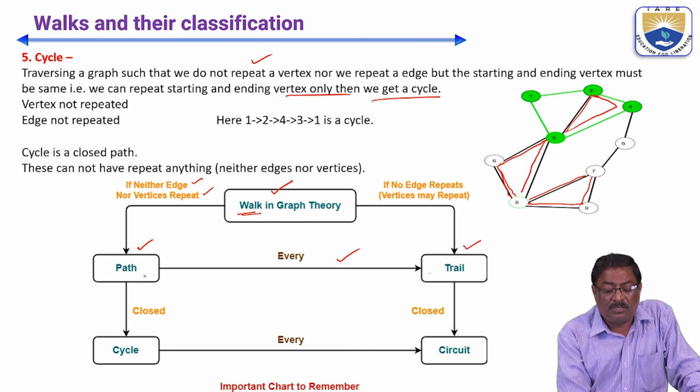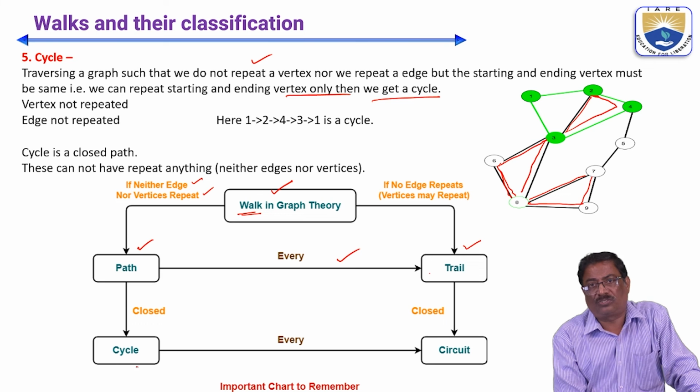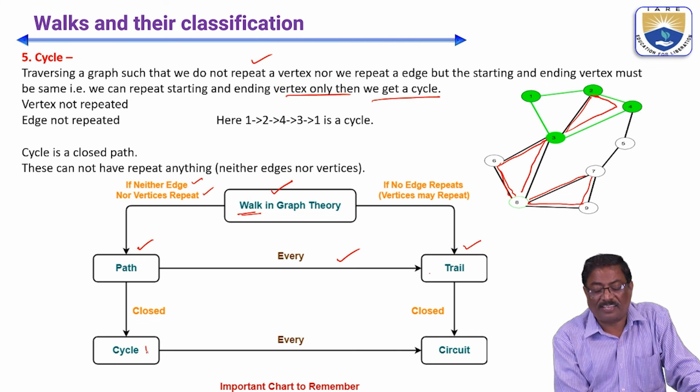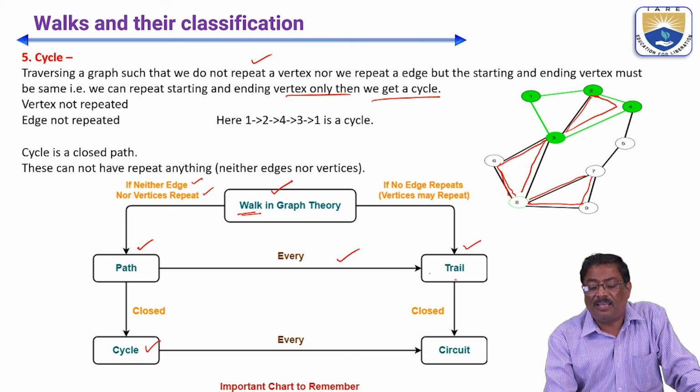And suppose the path is closed. That means neither edge nor vertex is repeated, except of course the beginning and ending vertex. So that is known as a cycle. And for a trail, no edge is repeated, but it is a closed one.